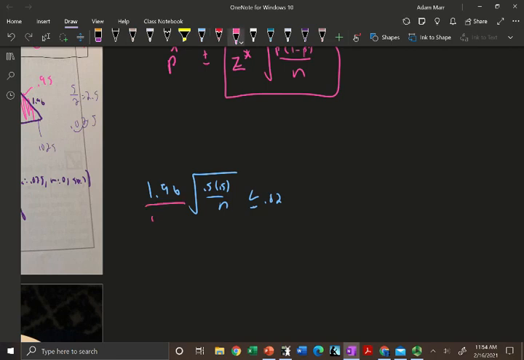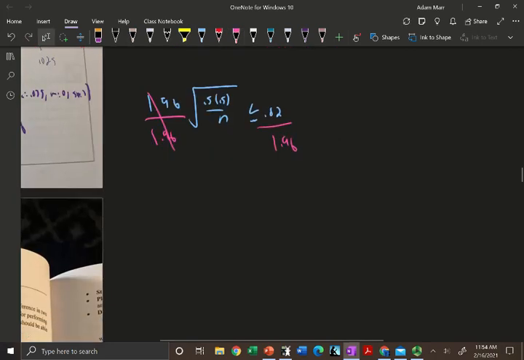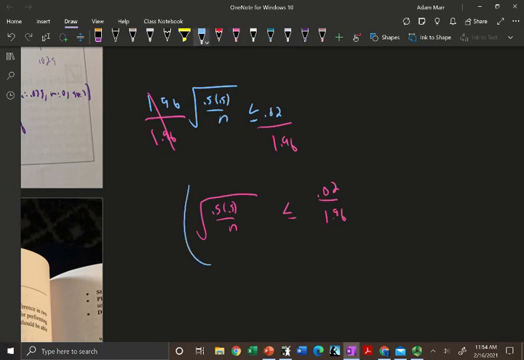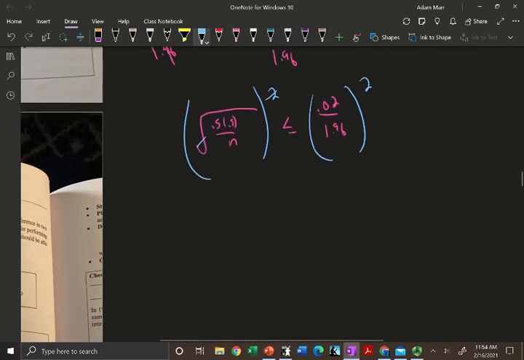So first I'm going to divide by 1.96 on both sides. So I have here the square root of 0.5 times 0.5 over n is less than or equal to 0.02 over 1.96. Then right here, I'm going to go ahead and square both sides to get rid of that square root. So I have right here 0.5 times 0.5 over n is less than or equal to 0.02 over 1.96, quantity squared.